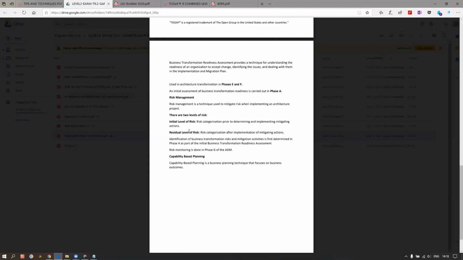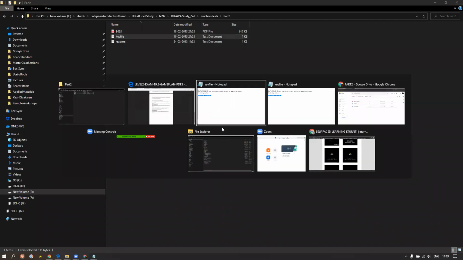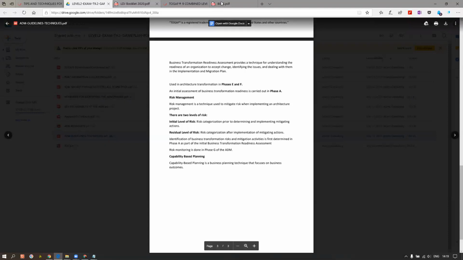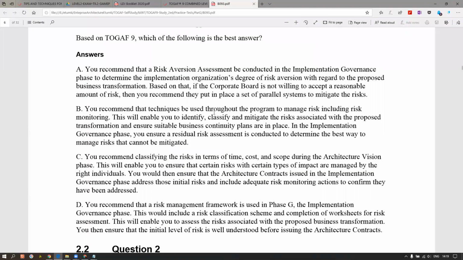People always think initial level of risk, but if you take only initial level of risk, you will only get half the marks. But if you take the one which has both initial and residual, sometimes there would be two options with initial and residual in the answers. Option B has risk monitoring, residual level of risk is there in option B, and there could be some other option also with residual level of risk.